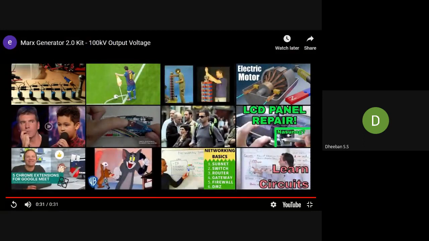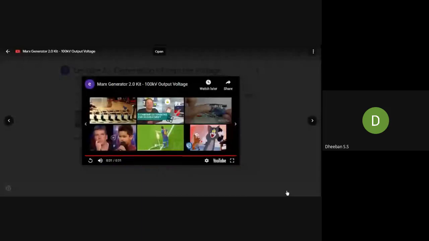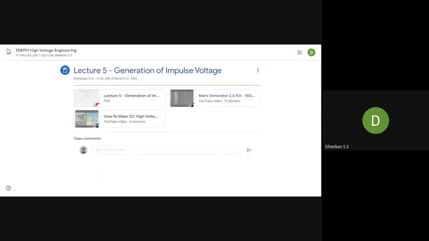Okay, and it's a simple Marx circuit, and your seniors may have made one project in the final year, a shoe. What that project does is that for women's safety, they have made a Marx circuit and kept it in the shoes of the women.